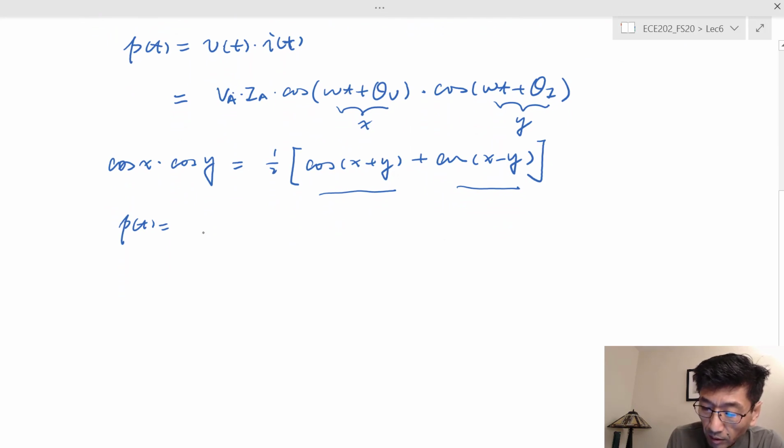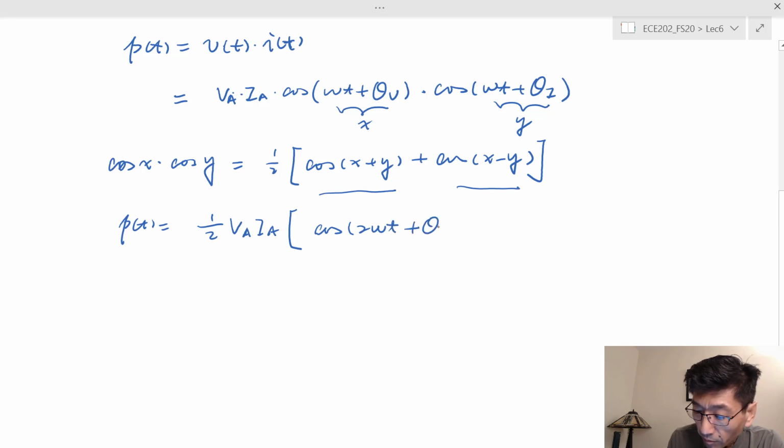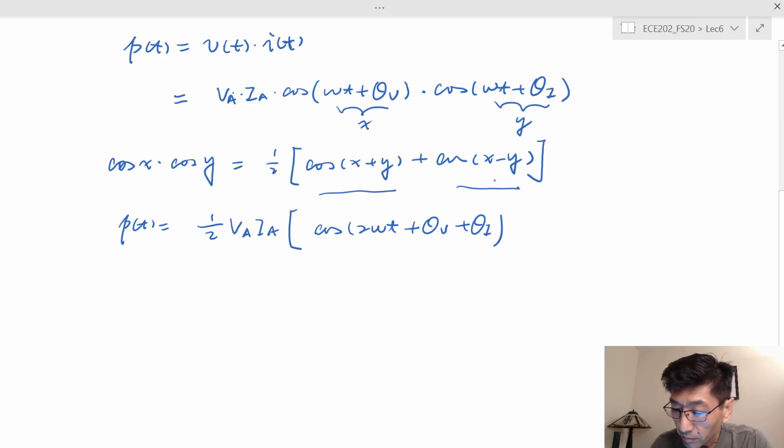So in this case, p(t) with that trig identity is half V sub A I sub A times cosine x plus y, which is cosine 2 omega t plus theta V plus theta I, right? And the second term, cosine x minus y, gives plus cosine theta V minus theta I, because omega t minus omega t cancel.